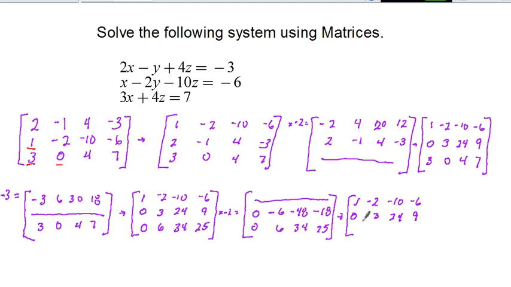I should have added that first probably. But I'm going to get a 0, 0, and negative 48 plus 34 is going to give me a negative 14. And we end up with positive 7.